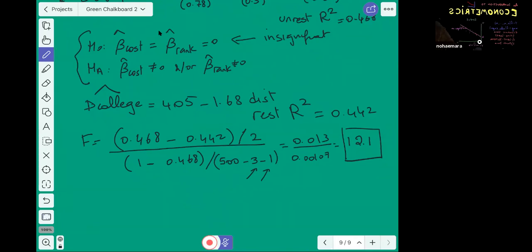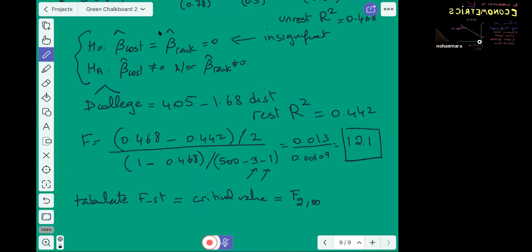I need to go to the table and look for the tabulated F statistic, or the critical value. Let's say you need the tabulated F under 2 restrictions and a large sample size.